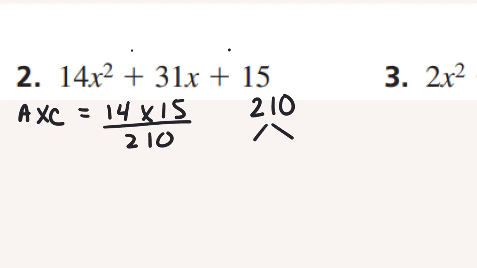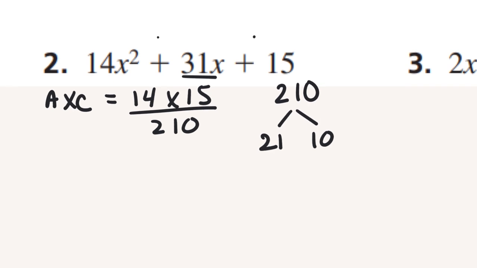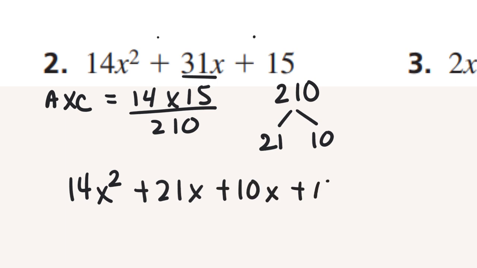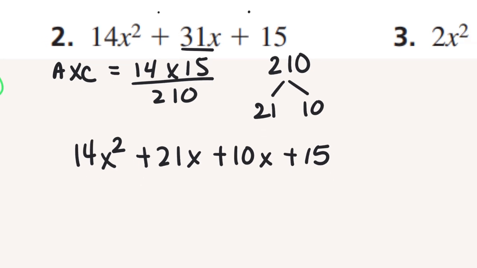What factors, when added together, gives me 31? Here I know it's going to be 21 and 10, correct? So rewrite my equation. I'm left with 14x squared plus 21x plus 10x plus 15. Going to separate again, which is going to be 14x squared plus 21x, 10x plus 15.